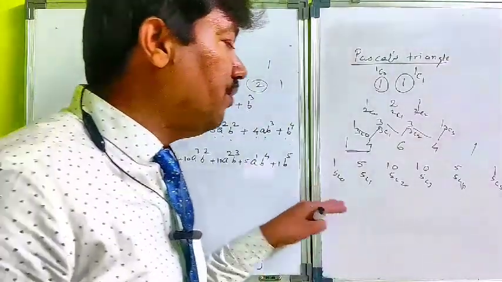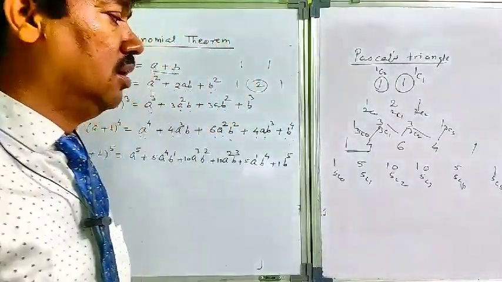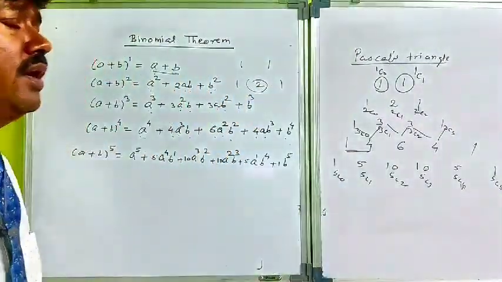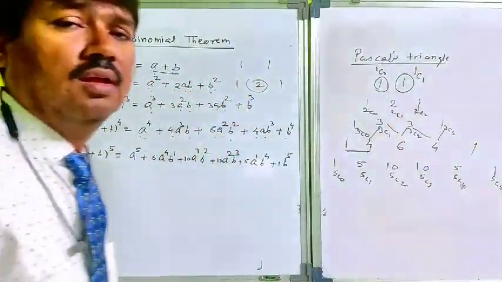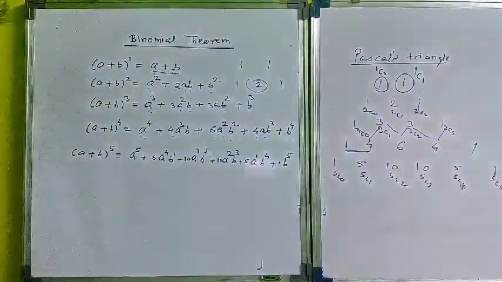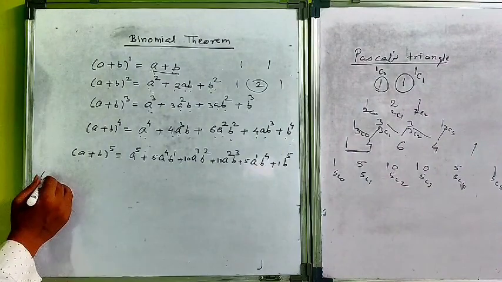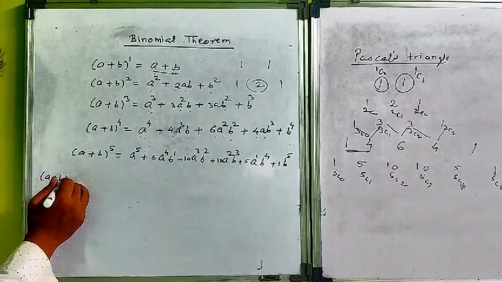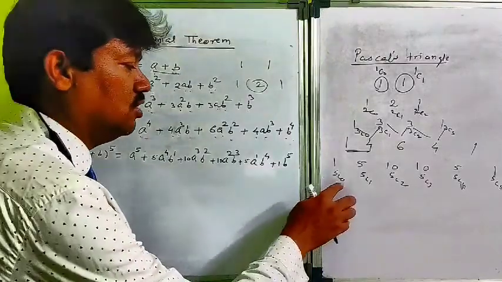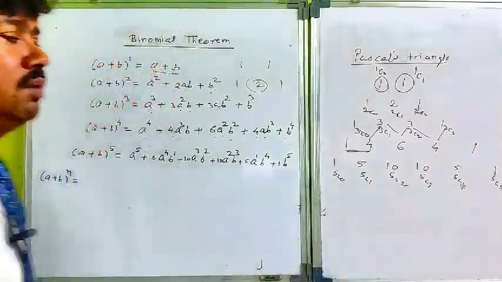Now, can we write the general formula for A plus B raised to n? Yes, we can. If you observe, the first term's index is always 0, then 1, then 2, and so on up to whatever the power is.